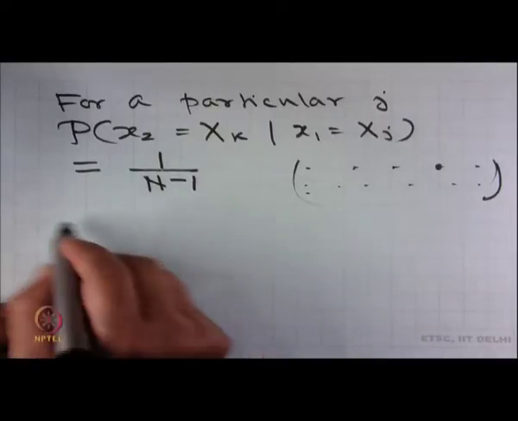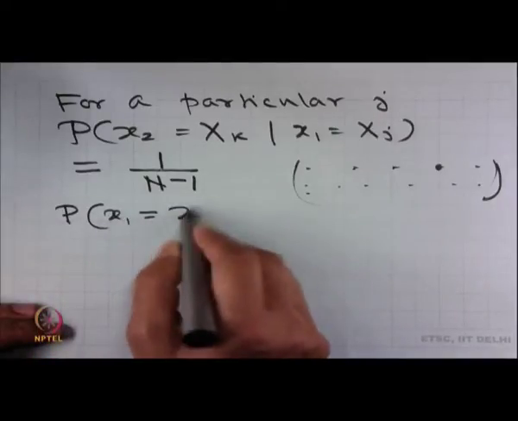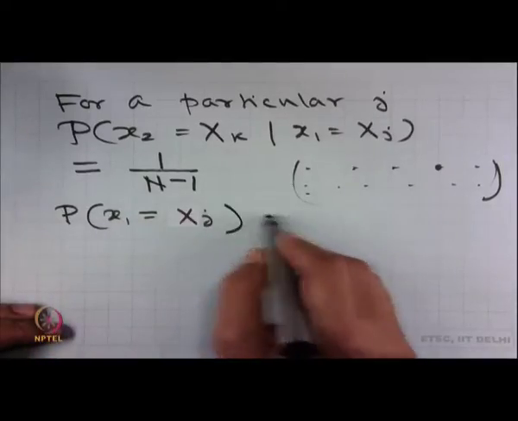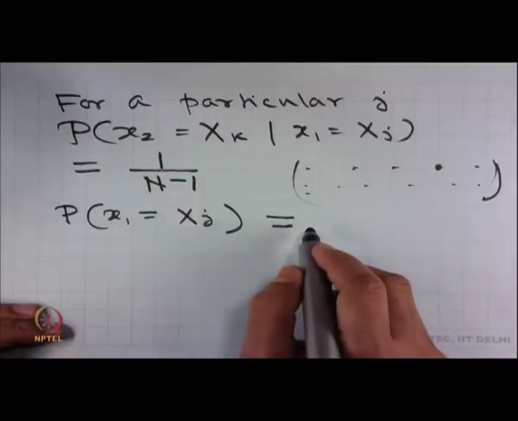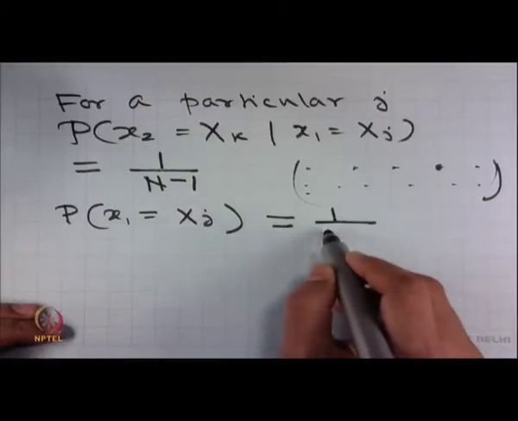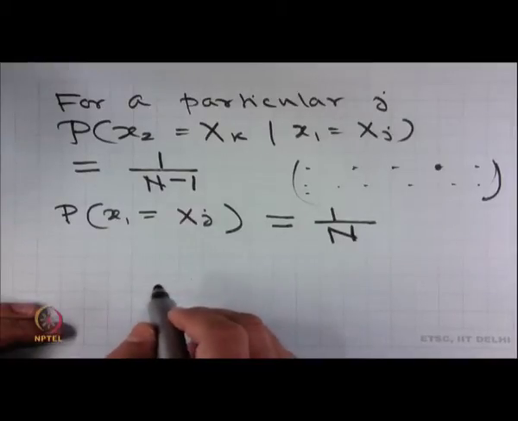Now, what is the probability x 1 is equal to x j? Probability x 1 is equal to x j is 1 upon n, right.